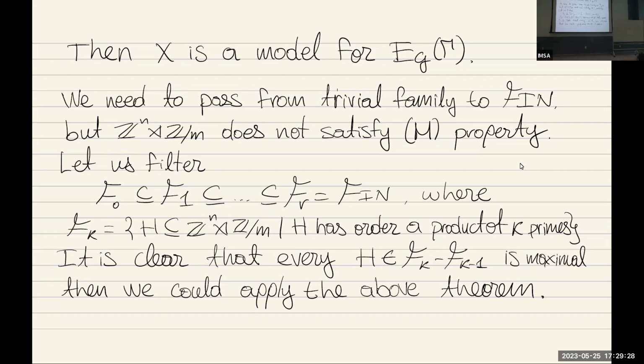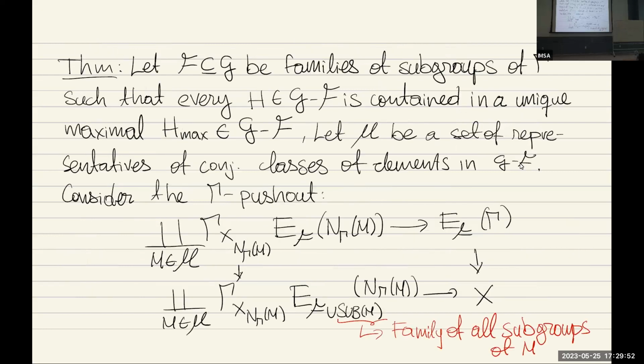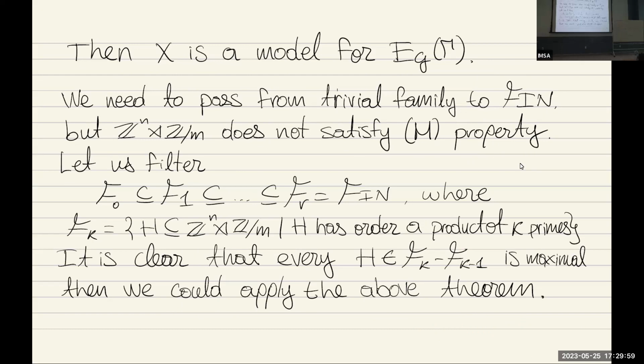F1 is the family of subgroups of prime order, then two primes, three primes, and so on. It is clear, by definition, basically, that any element in the difference is in a unique maximal one. Then we can apply the above theorem because we have the property that allows us to construct this model of the classifying space for the family Fk in terms of the family Fk minus 1.